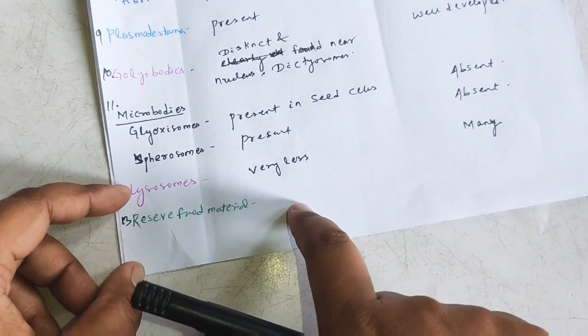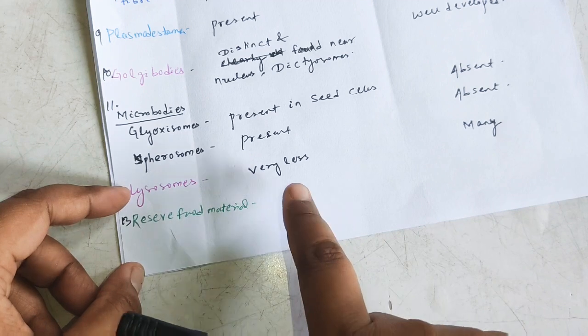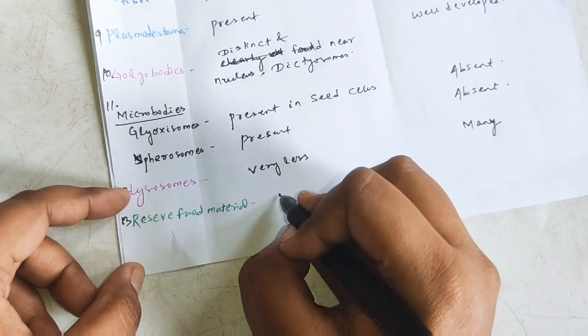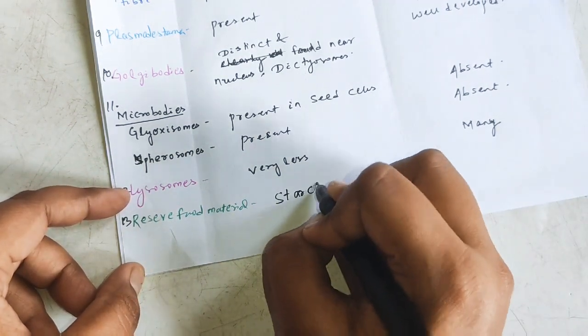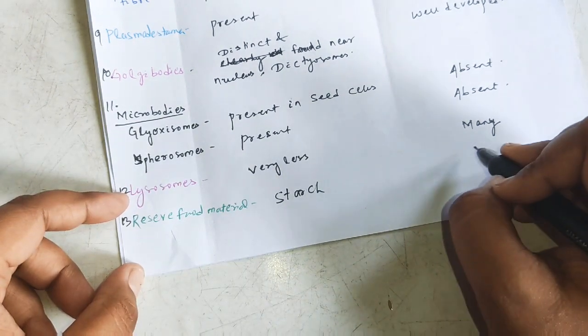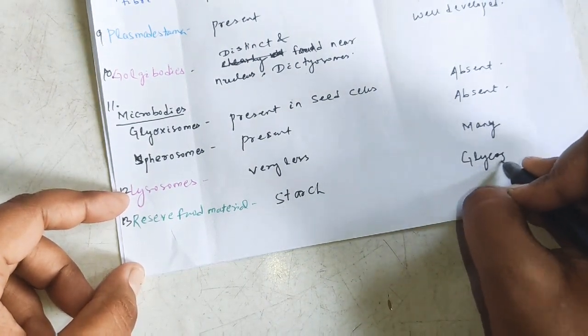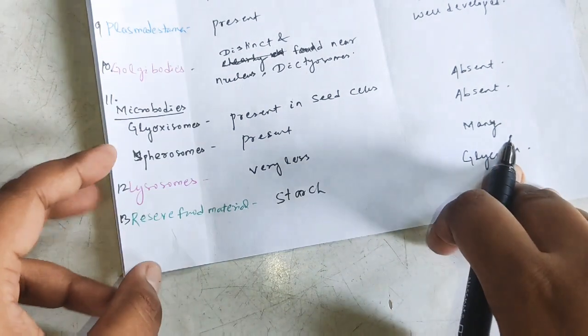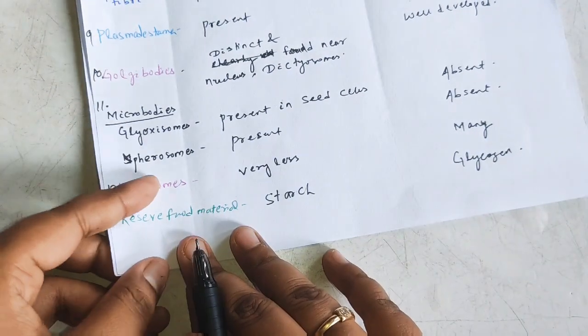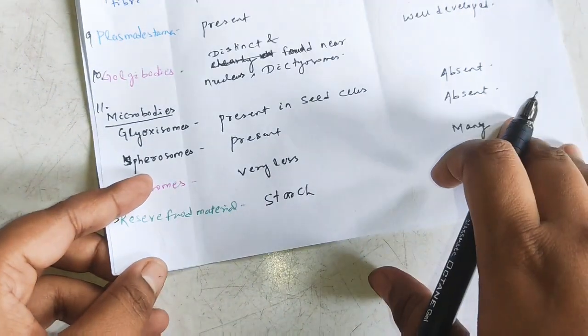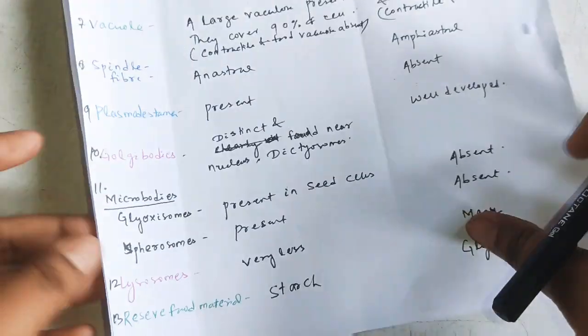In a plant cell, the reserve food material is starch, a carbohydrate, and here glycogen. In animal cells, the stored food material is glycogen.